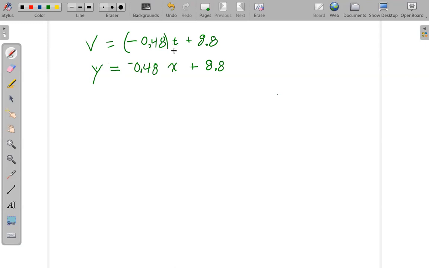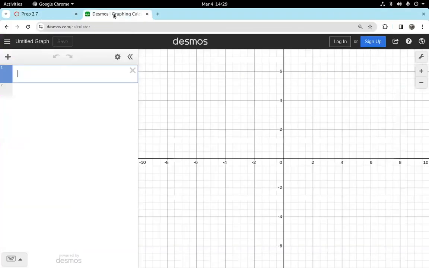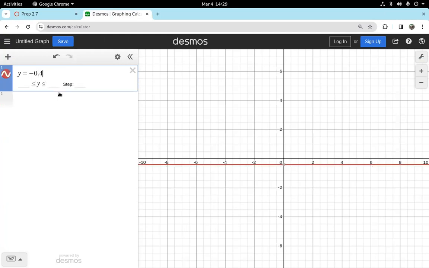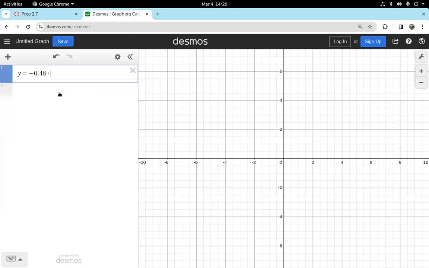So I'm going to use an x instead of a t and a y instead of a v. So y equals -0.48, and I don't have to have parentheses here, times x plus 8.8.